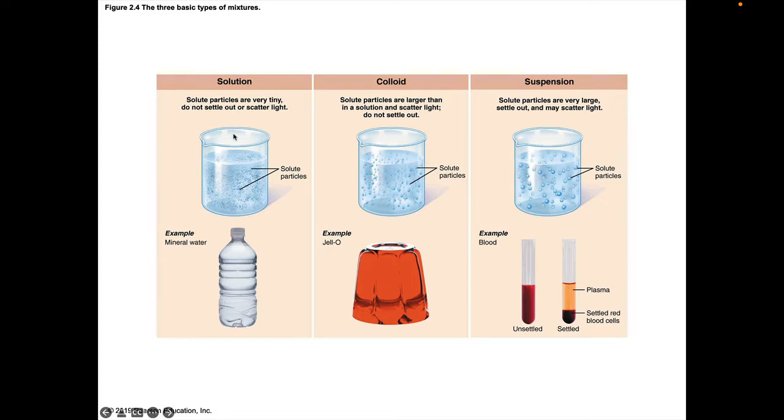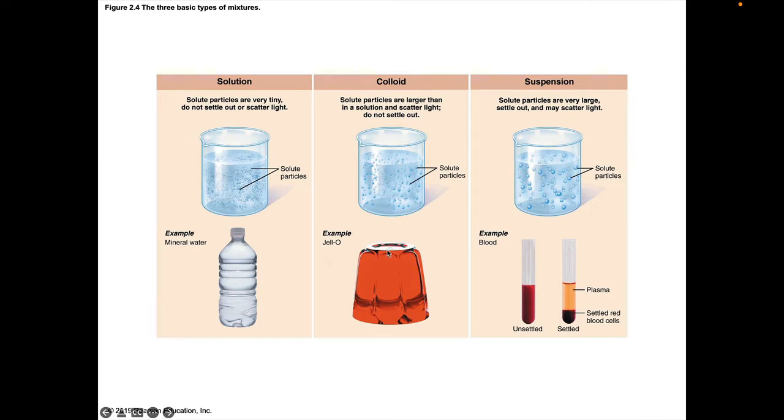So the particles, these molecules are tiny, and they become evenly distributed in the water. And so they don't settle out, they remain in suspension, and they don't scatter light. So anytime you have water with dissolved solutes like glucose or table sugar, sucrose, salts, those are all solutions.